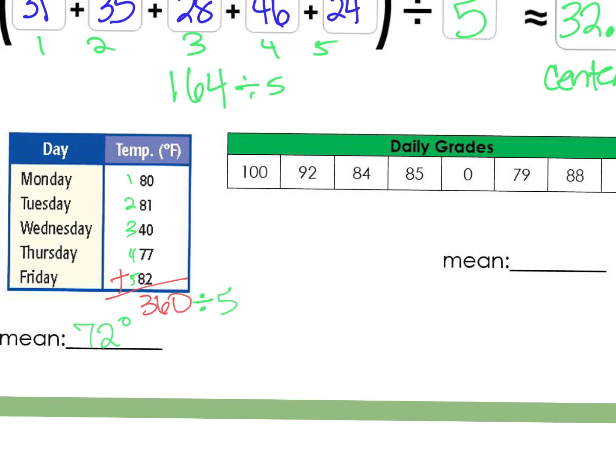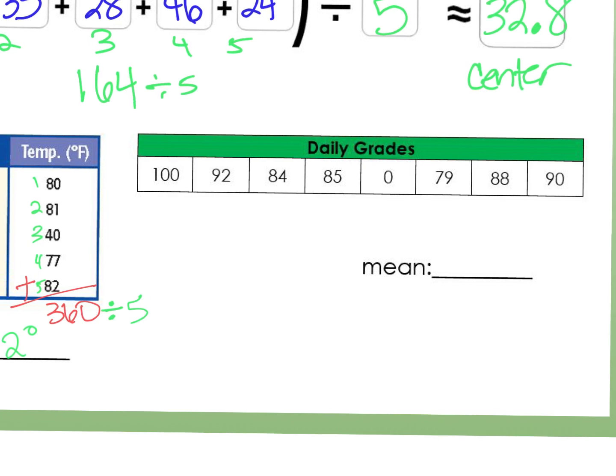Our last example is a set of daily grades for a student. The first thing we're going to do is what? That's right, we're going to add them all up. So add all of these numbers together: 100 plus 92 plus 84 plus 85 plus 0 plus 79 plus 88 plus 90 equals a total of 618.